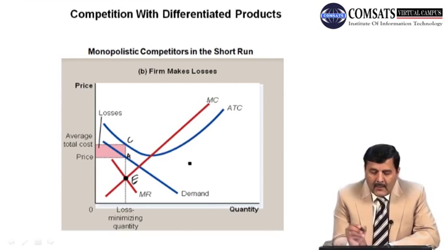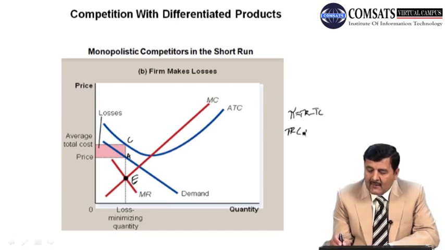So हमने loss मालूम करने के लिए as we know that profit is equal to total revenue minus total cost. So when total revenue is less than total cost, that is the profit loss. This is the loss of the firm, right?